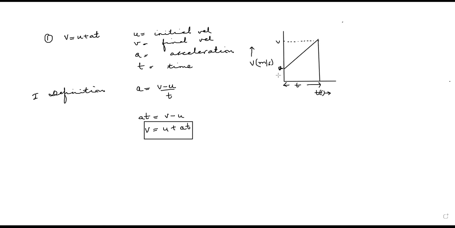Next, what we do is we will be finding out the gradient. Now the gradient will be obtained for this particular part of the graph, and the gradient is going to give us acceleration. So for gradient, this perpendicular divided by this base. This is the curve. So perpendicular would be this much, and this would be the base. This part, if you see from the graph, is v minus u, and this is t.